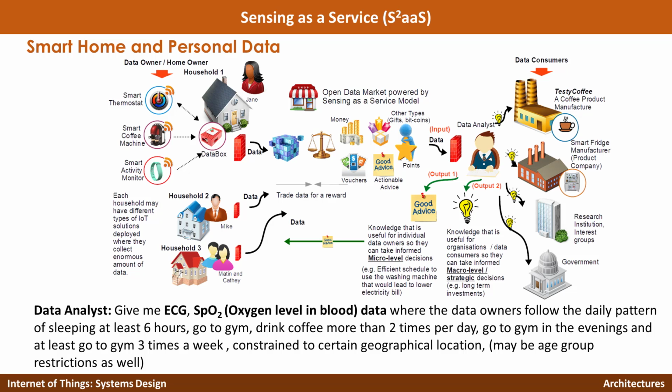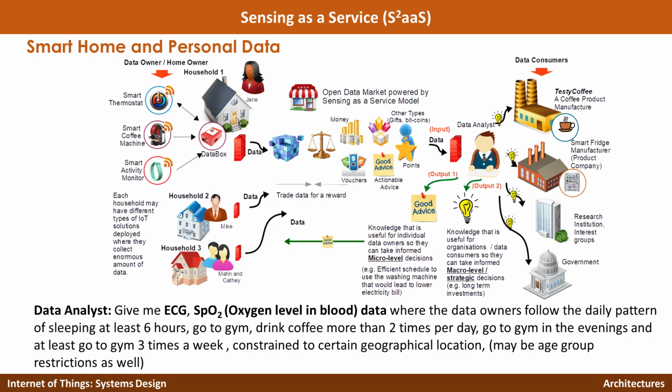So in this case, you could write a query to have all these conditions, because you don't need access to the data of someone if they don't comply with this particular condition, for example someone who is not going to the gym 3 times a week. In this particular research study, the data analyst is not interested in that data.